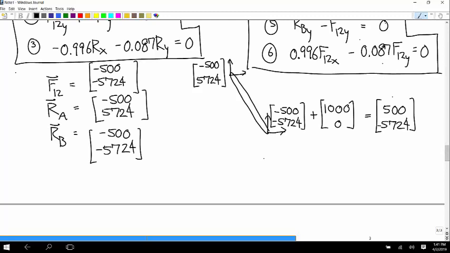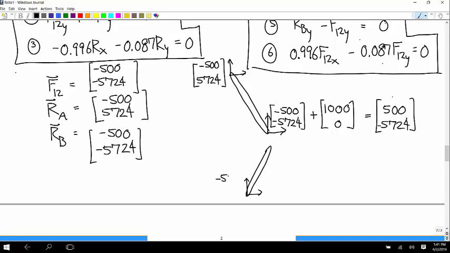And then for the other one, you have sort of the same story going on. You have negative 500, negative 5724, and up here you have negative F12, so that's positive 500, positive 5724.